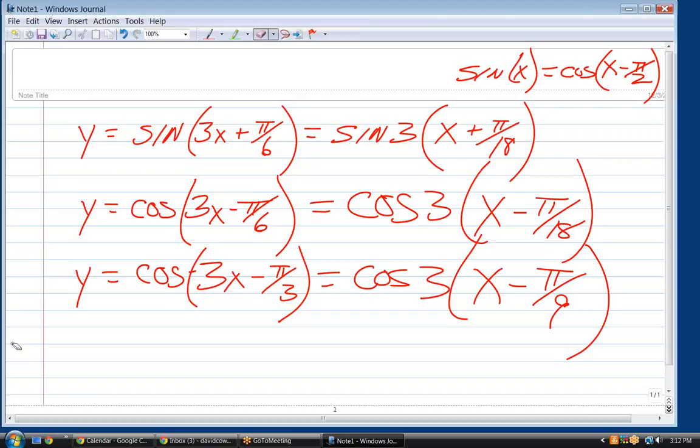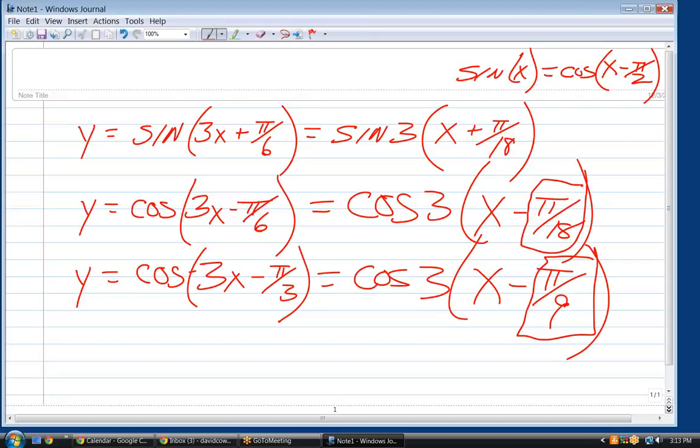Oh, yeah, it could. But probably not, because this has a phase shift of pi over 18. This has a phase shift of pi over 9. That's not going to result in the same curve.